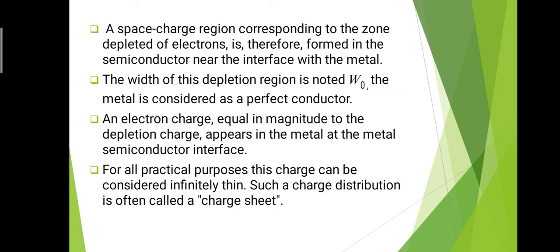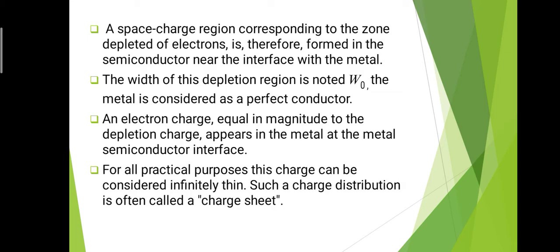That means, due to the transfer of electrons and the creation of holes from the deficiency of electrons, a space charge region forms at the metal-semiconductor interface. The width of this region is denoted W naught. This is the depletion width, and the width of that depletion region is W naught.